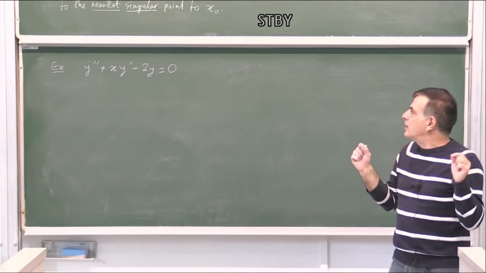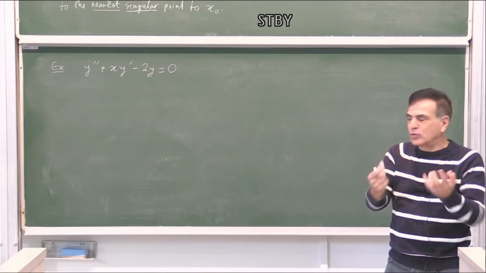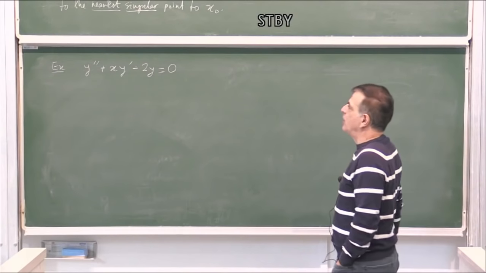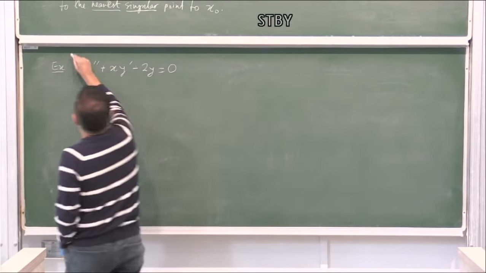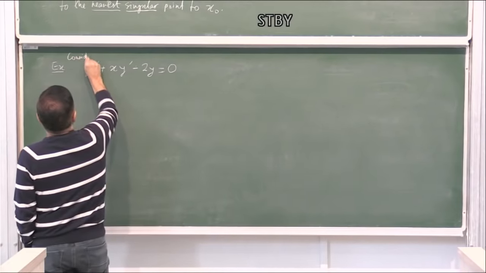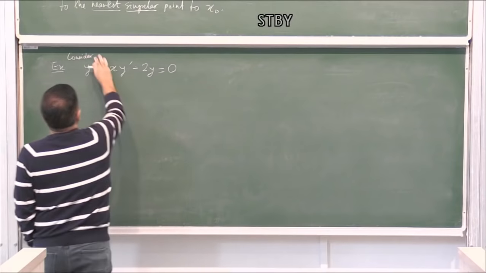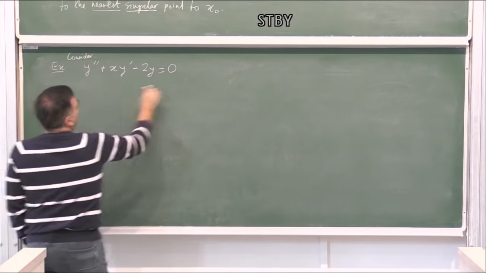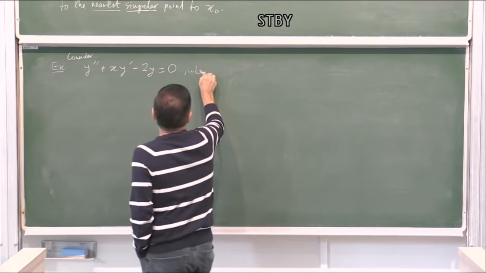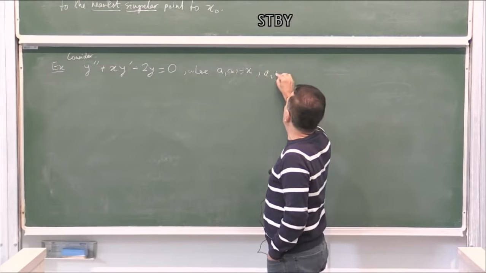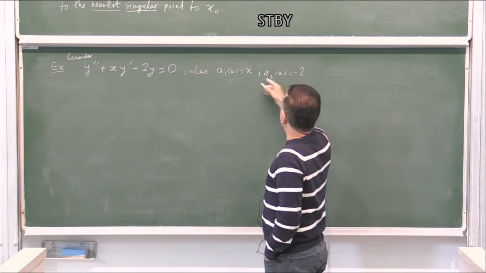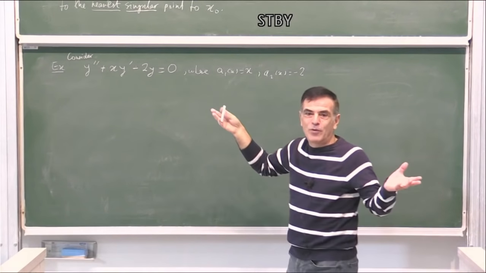In closed form, in terms of a finite combination of elementary functions. Look, consider this equation, where a1 of x is x, a polynomial which is analytic everywhere. a2 of x is minus 2, a constant function, analytic everywhere.